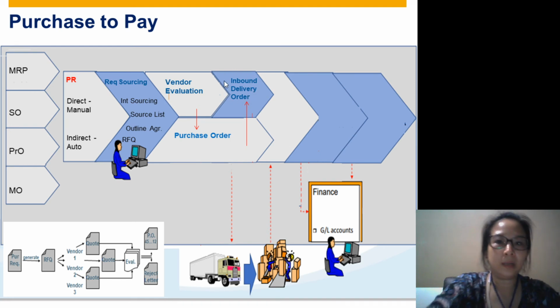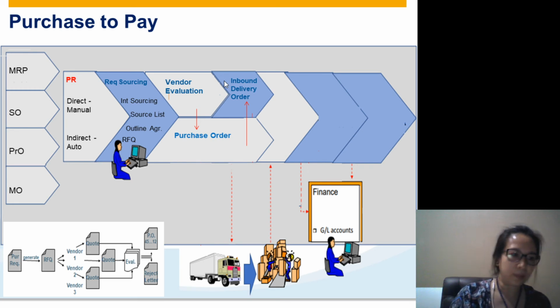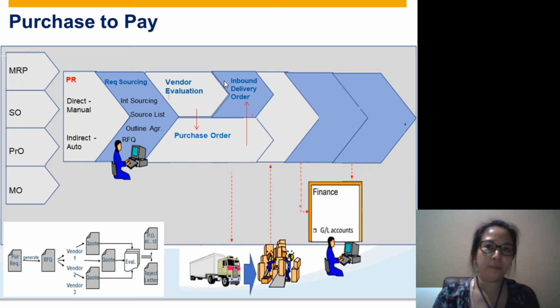Basically, an inbound delivery order is a document, an order from the purchasing department to the warehouse department, saying that, guys, we will have a shipment coming. Please prepare the warehouse, please prepare everything, because there will be a shipment coming from the vendor. That is the inbound delivery order.